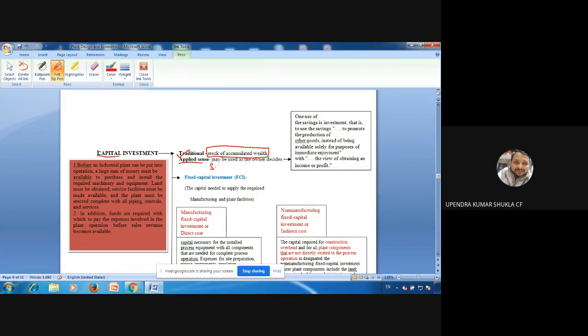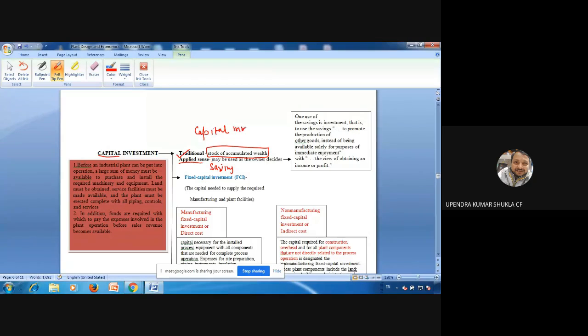This capital is nothing but the saving, and that saving may be used as the owner decides. One use of the saving is investment. That's why the word is capital investment. Whatever saving you have, meaning capital you have, you can invest it.